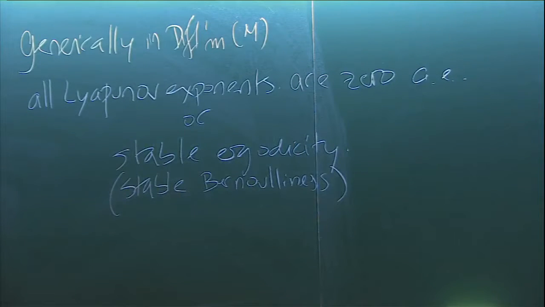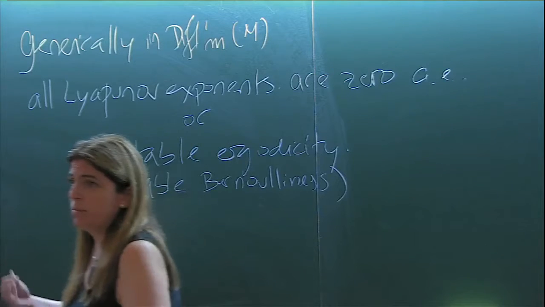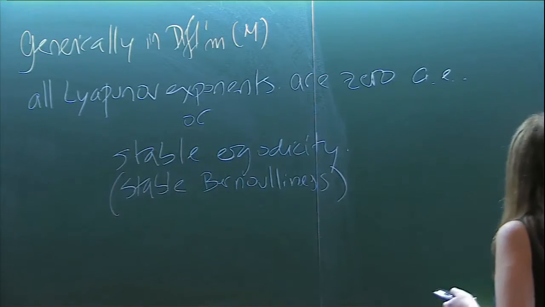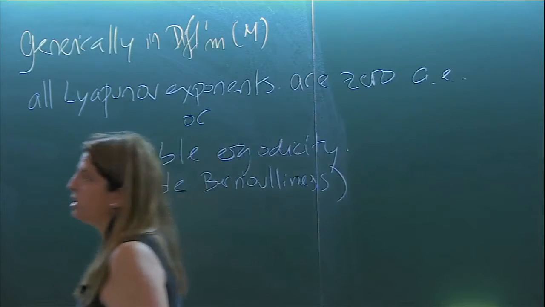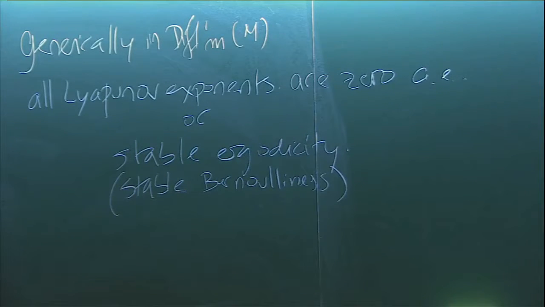What does generically mean here? Means a dense G delta set. Okay? Dense G delta set. Generic. Okay? So you have a very strong dichotomy here. Of course, this is a conjecture.